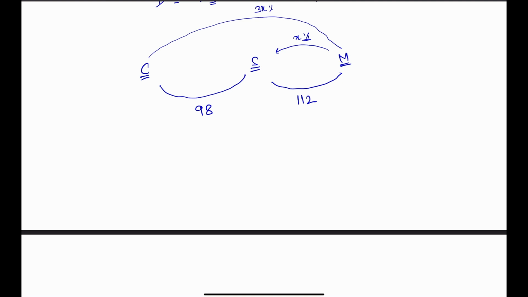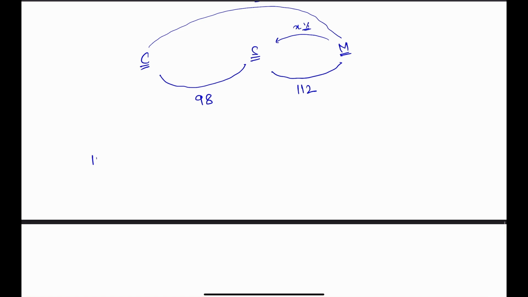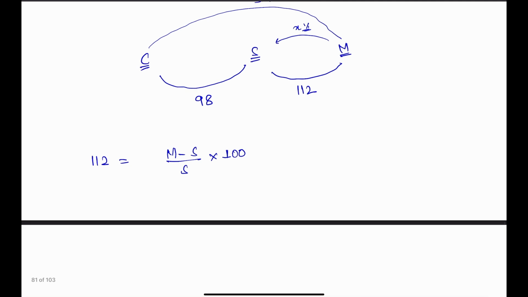So 112 is the discount, right? So 112 is nothing but M minus S, upon S, into 100, and that is x percent. 112 is M minus S, that is the discount.